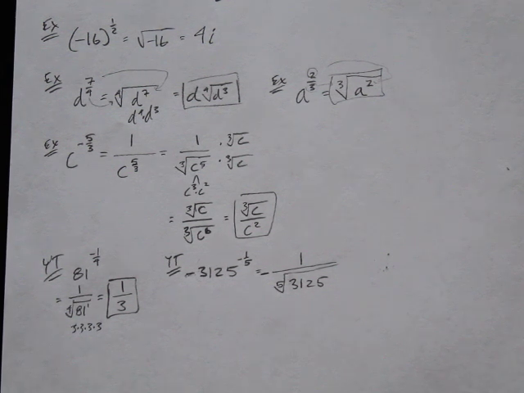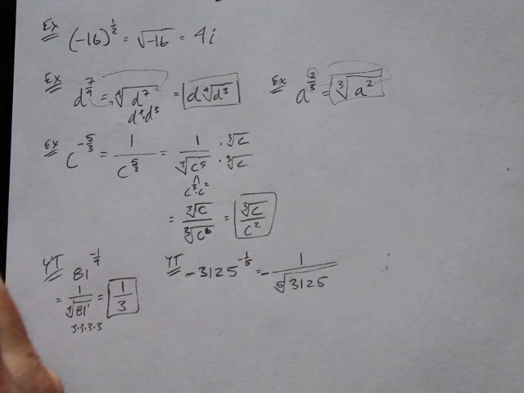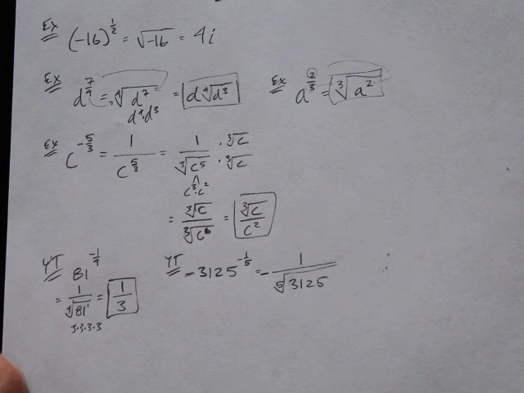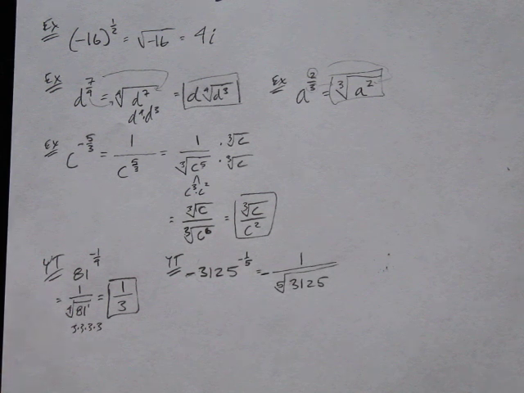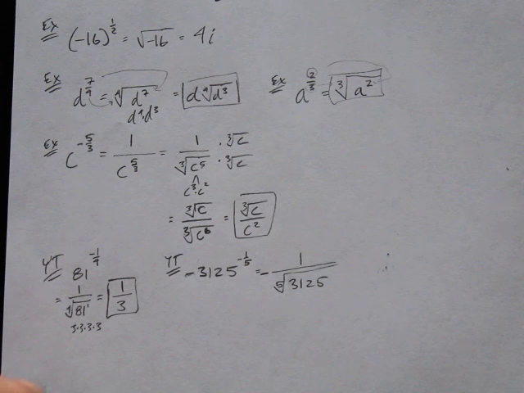3,125 is, is it 9? 1, 2, 3, 4, 5. Nope. 1, 2, 3, 4, 5. Oh, it's 5.